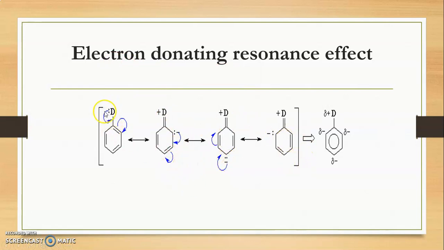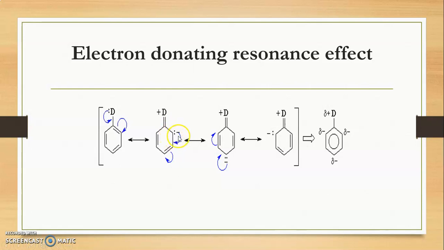So these lone pair of electrons are donated to this carbon atom, due to which its valency becomes 5. So this carbon atom breaks a bond with this carbon atom. That's why these electrons are shifted towards this carbon atom, and as this bond is broken, a single bond appears, and the electrons are present on this carbon atom.